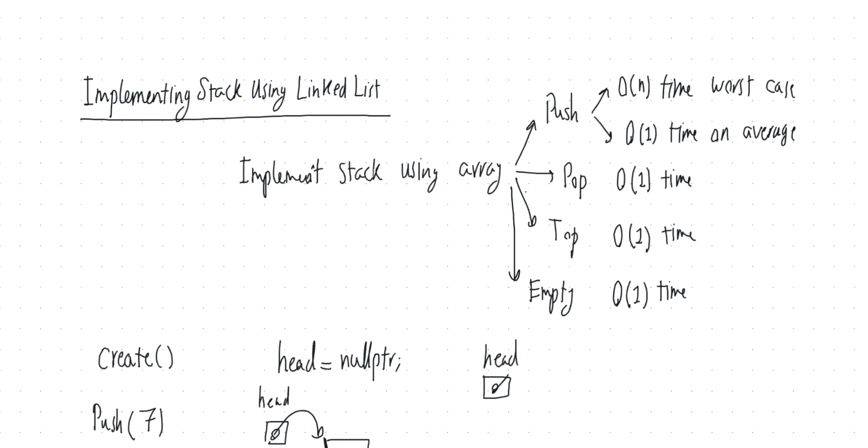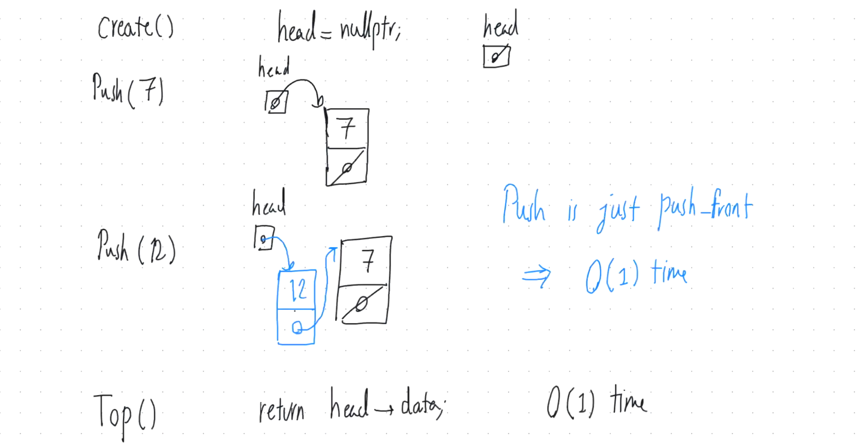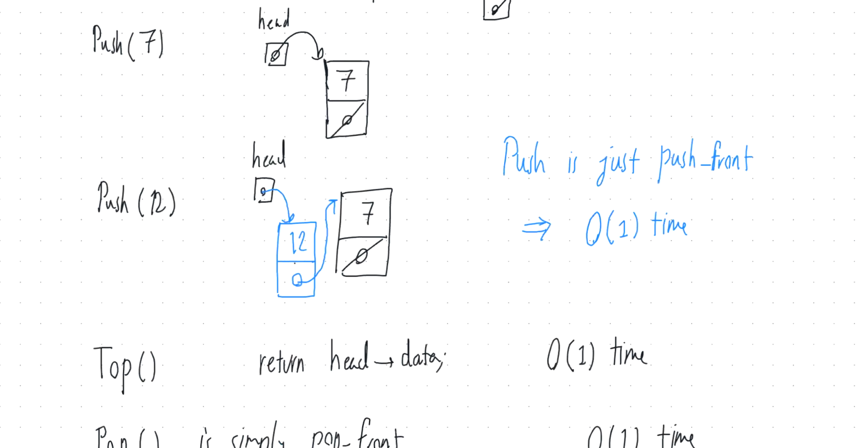Doesn't happen very frequently, but still, that's a disadvantage. On the other hand, in terms of the usage of memory, the first implementation is more efficient because you just have an array and that's it. But here you have to allocate memory for one pointer per key that you store in your stack.